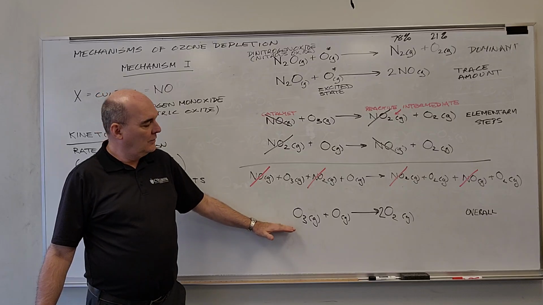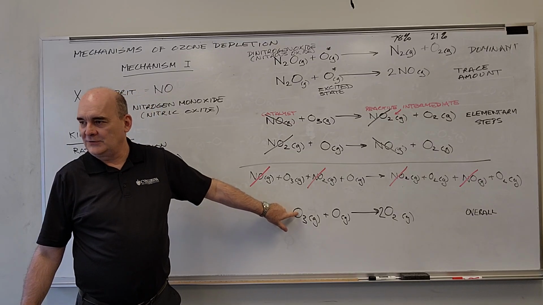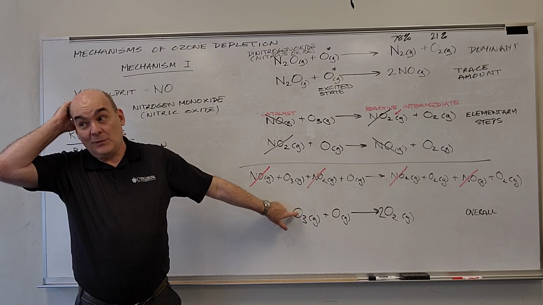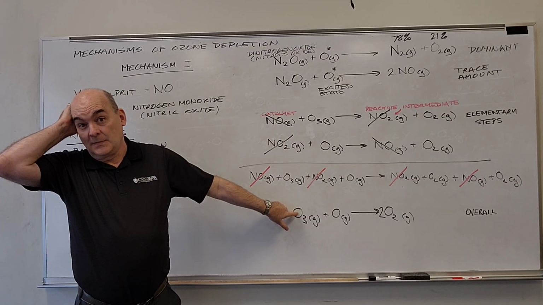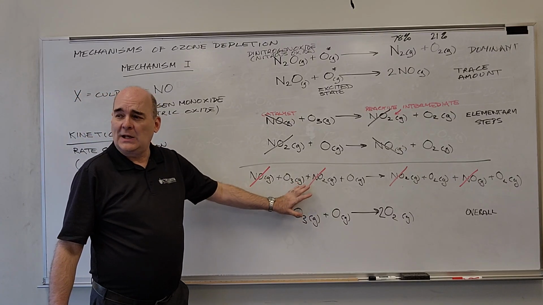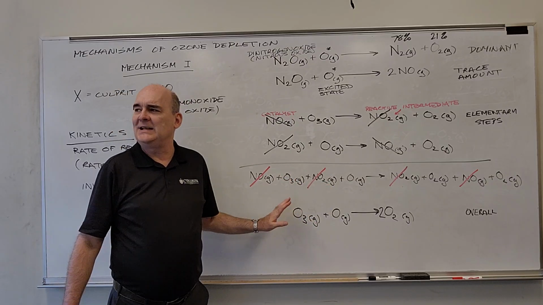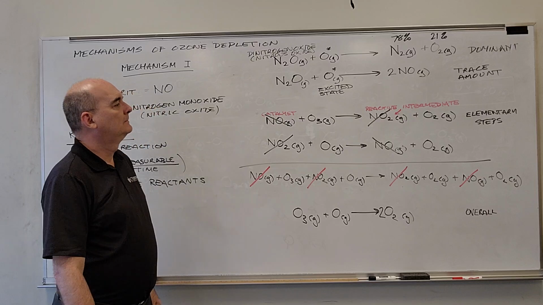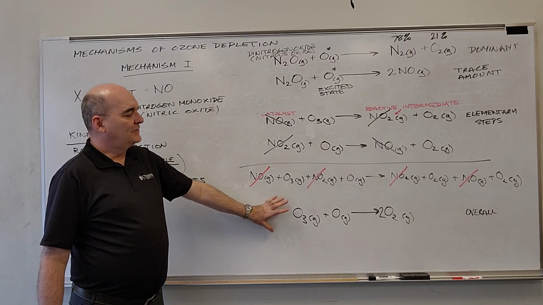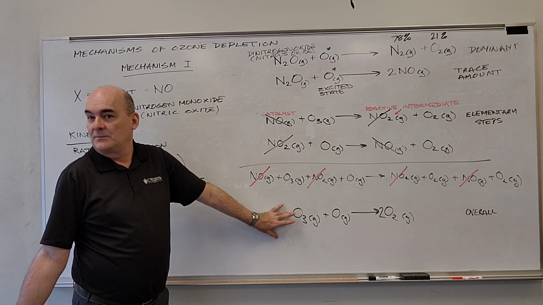If you want to know, does this reaction go better or worse when I change the concentration of ozone, you have to do it by experiment, which is why we do those kinetic studies in chemistry of, I'm going to take this reaction and I'm going to vary this. I'm going to keep that one constant. I'm going to vary this and see, is there any effect? That's because this is a lie. Right? It's not a lie, but it's not the whole truth.